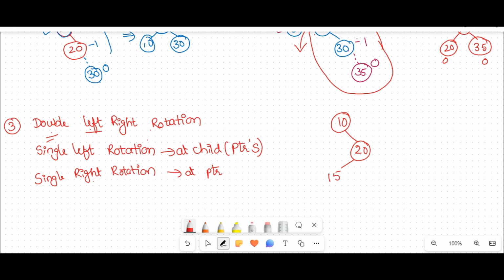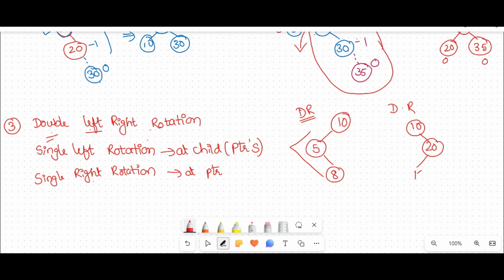Now consider this one: 10, and here take it as 5, and here 8. Here you will get a double rotation. In this situation also, the tree is growing like this. Suppose 10, 20, if this is the case, here also you will get a double rotation.